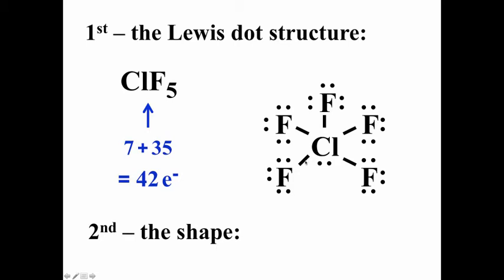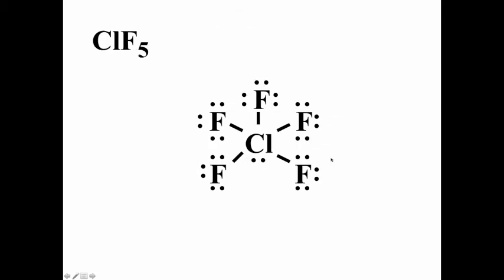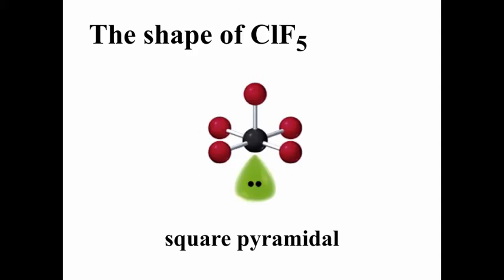So what's the shape going to be? Well, you have to ask yourself how many electron groups you have, and we have 1, 2, 3, 4, 5 electron groups that are bonds, and 1 electron group that's a lone pair. So we have 6 electron groups around the central chlorine.